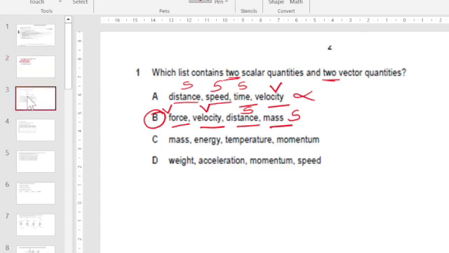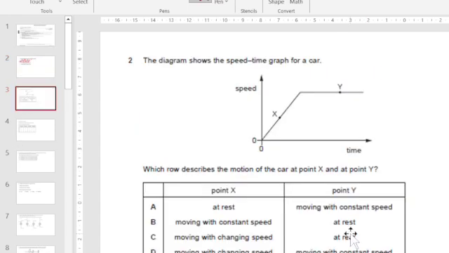And the second question: the diagram shows the speed-time graph for a car. If you look into the diagram, y-axis is speed, x-axis is time. Which row describes the motion of the car at the point X and at the point Y?